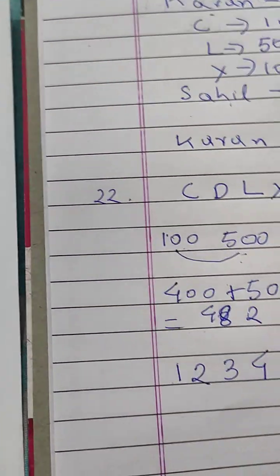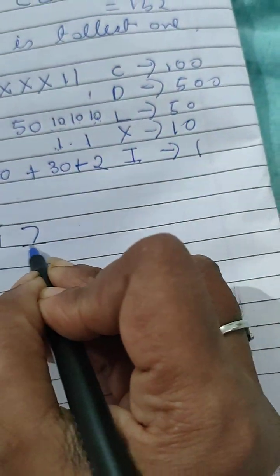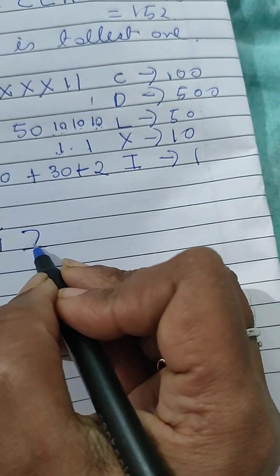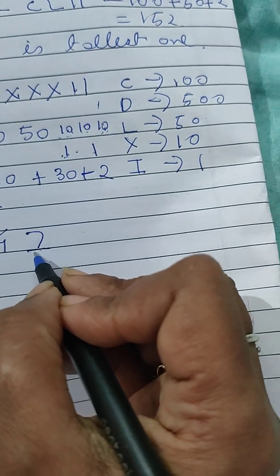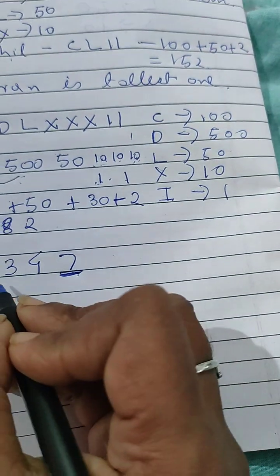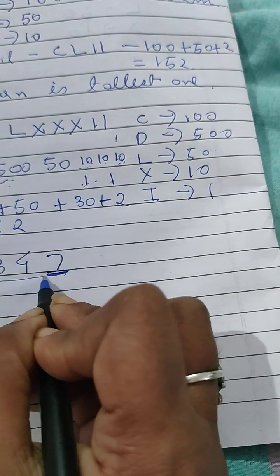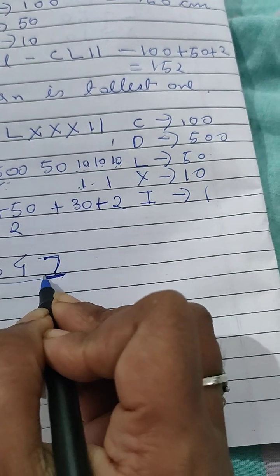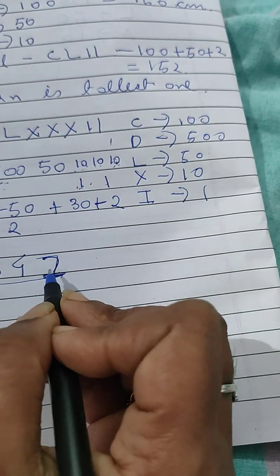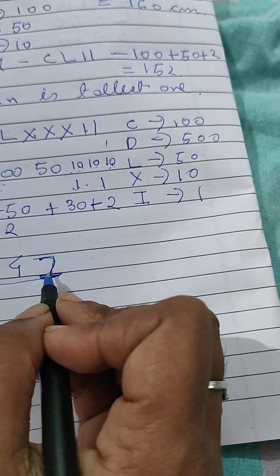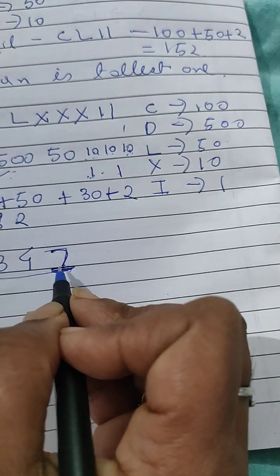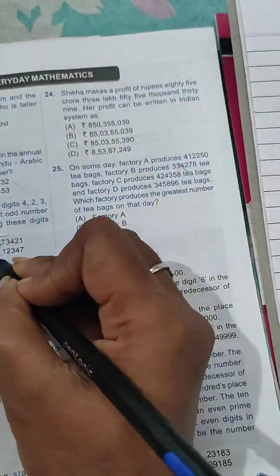So the last digit of this number should be odd, then only it will be an odd number. Otherwise it will be an even number. Here the last digit is 7, so it is fulfilling all the criteria. This is the smallest 5-digit number and the last digit is also odd. So the answer is D.